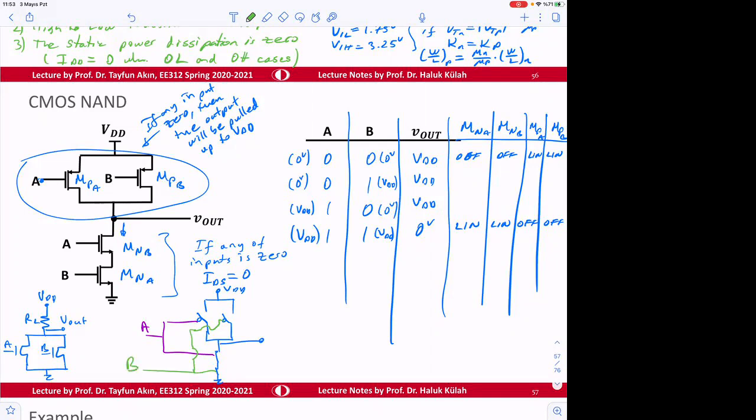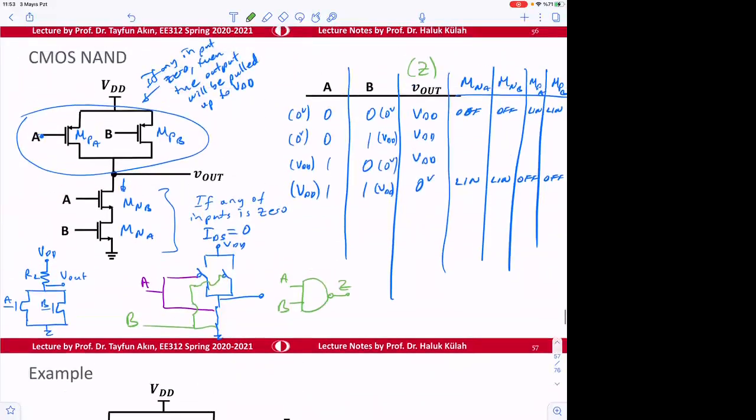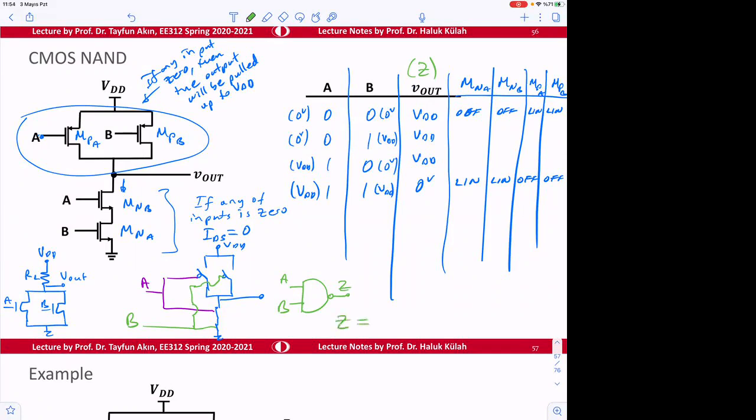So the device will be like this, A, B, and Z. Okay, so that's how we make the N and P type or P side. So you can do the implementation of NOR. Basically, this is Z is equal to A and B bar.